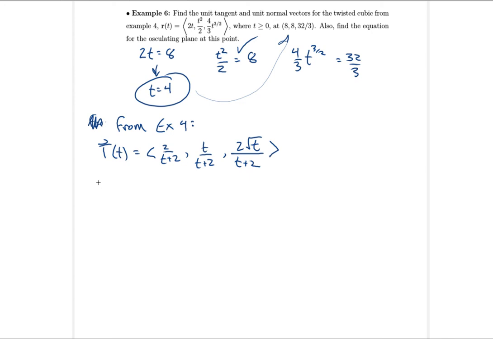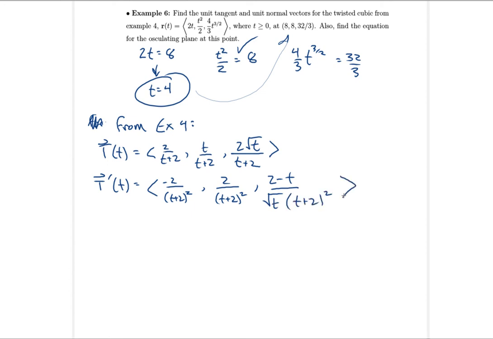And we also know that T prime was equal to negative 2 over (t plus 2) squared, 2 over (t plus 2) squared, and (2 minus t) over the square root of t times (t plus 2) squared. And then, as a result of finding the curvature earlier, we also had to come up with the magnitude of T prime. And remember, that was 1 over the square root of (t plus 2).